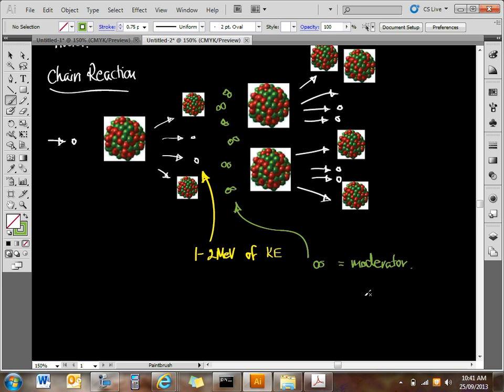Okay, so what we have is a moderator, which is made up of low mass nuclei suspended in water. We call it heavy water.